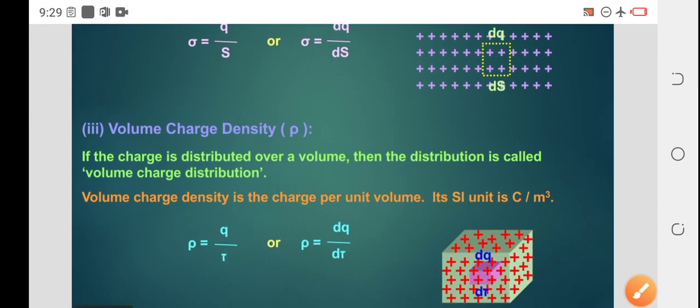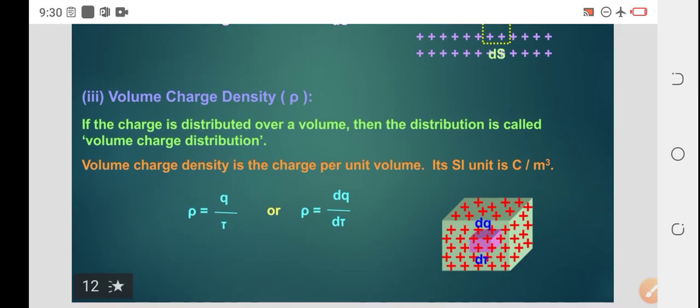Coming to the last one, volume charge density, which is going to be represented by the symbol rho. If the charge is distributed over a volume, then the distribution is called volume charge distribution. Volume charge density is the charge per unit volume, and the unit is coulomb per meter cube.